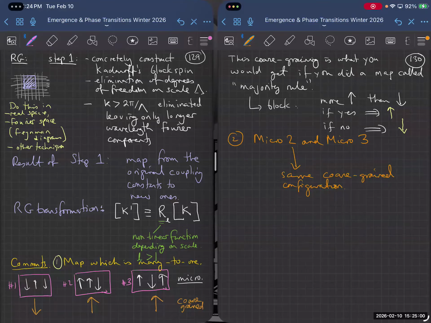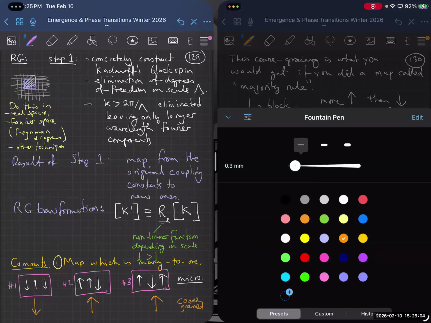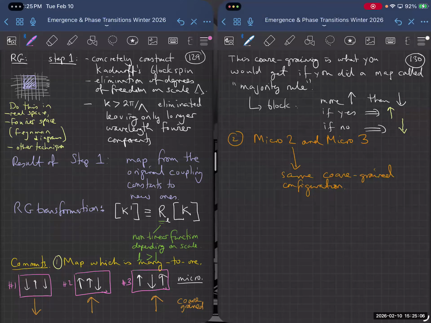So in this particular case, there are three microscopic configurations that map into the same coarse-grained configuration.